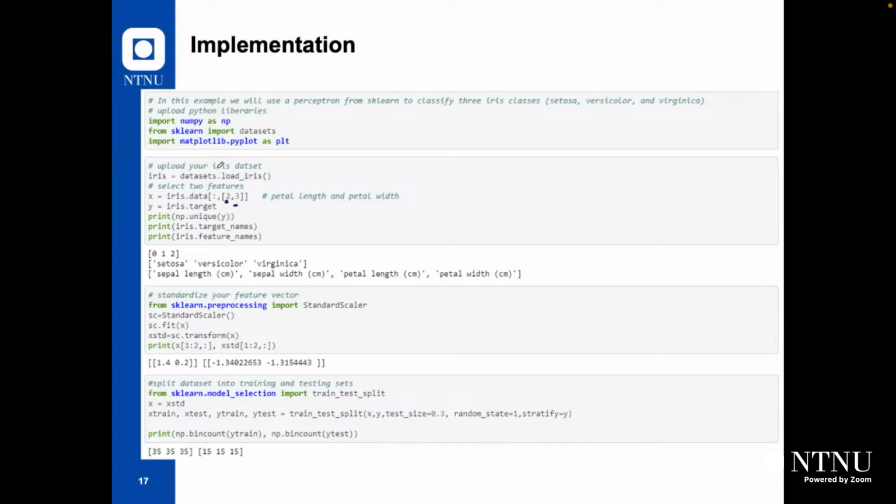And we have 3 classes. As you can see, the unique of y will be 0, 1, and 2, which means we have 3 classes. The target names will be Setosa, Versicolor, and Virginica. And the feature names are sepal length, sepal width, petal length, and petal width. As you remember, we use features 2 and 3, so we selected those 2 as the input.